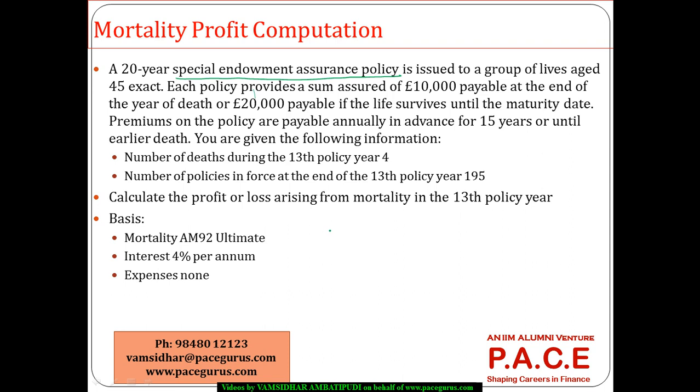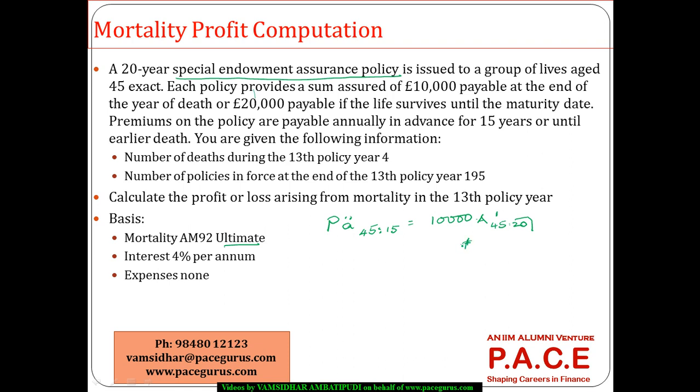If P is the annual premium, P times ä 45:15, I am anyhow referring to ultimate, should be equal to the death benefit, which is 10,000 times A 45:20.